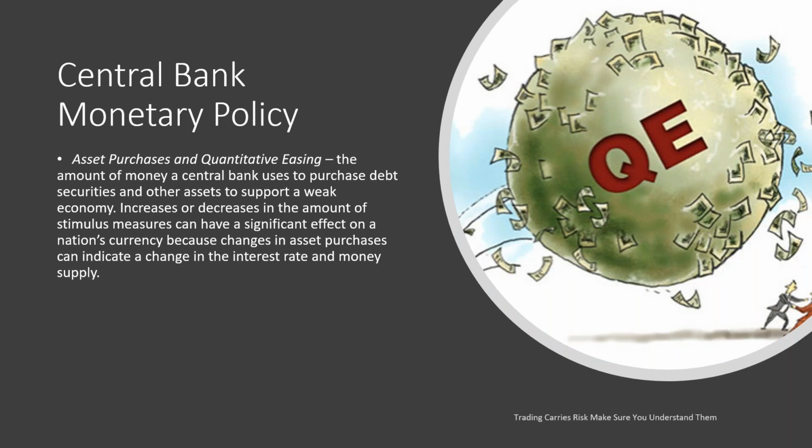So, of course, we learned that up until a few years ago, well, actually, it was Ben Bernanke who coined the phrase quantitative easing. Asset purchases and quantitative easing weren't even something that was thought of. But today, a central bank buying up or adding to its asset purchases, quantitative easing, has an effect on the money supply and the value of the country's currency, because basically it means the central bank is mass producing money.